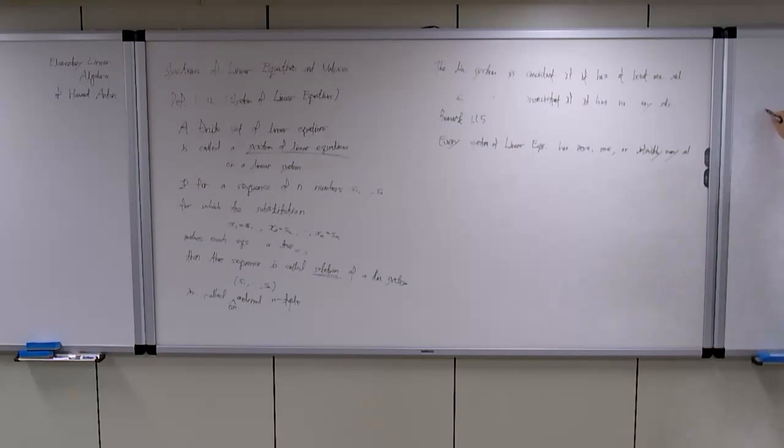One is like this: two lines in R3 that do not intersect at any point. We also say they are parallel because they do not meet. So that is the parallel case. And there is another case, where they intersect at just one point.